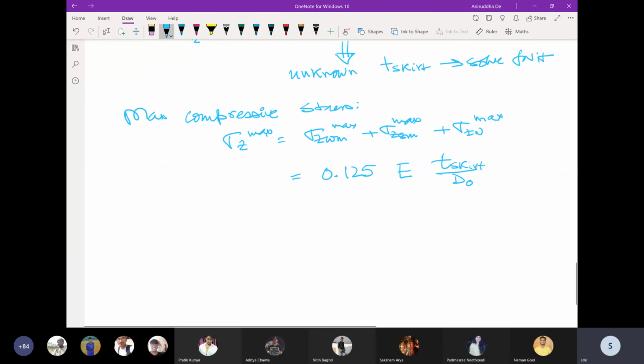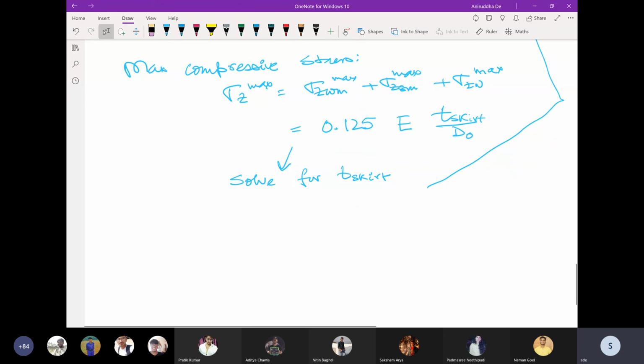Okay, so from here solve for T scat. Compare the thickness that has come from both the calculations. Select the higher one. Then add corrosion allowance.